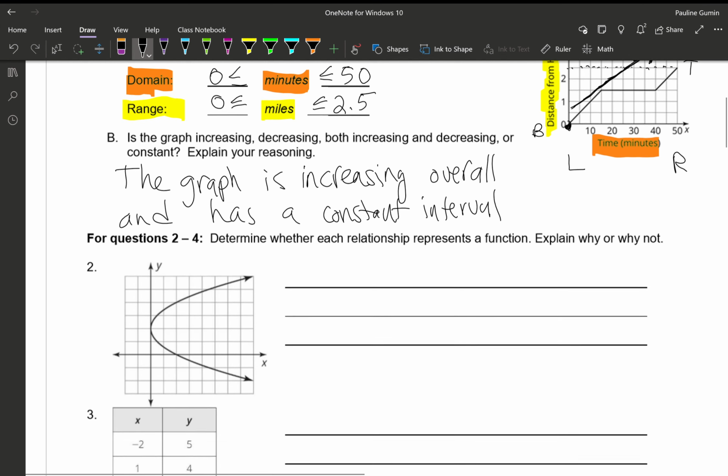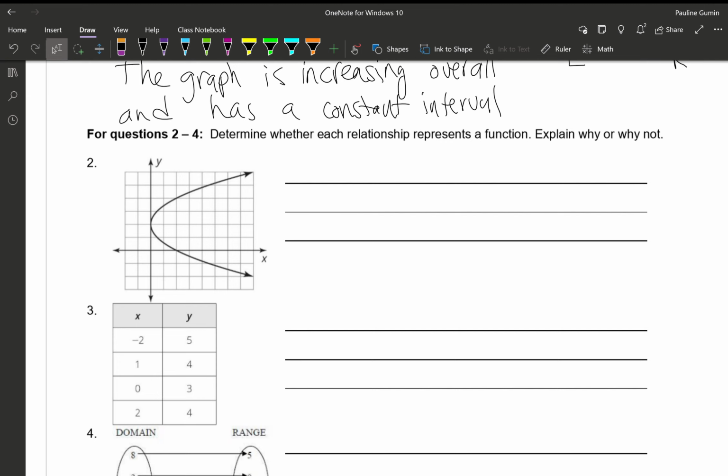All right. For questions 2 through 4, we're going to determine whether each relationship represents a function. Number 2. So when we have a graph, what we do is we draw a vertical line and see if it passes the vertical line test. So here's a vertical line through the U shape of my graph, and it looks like I pass twice. This means not a function.